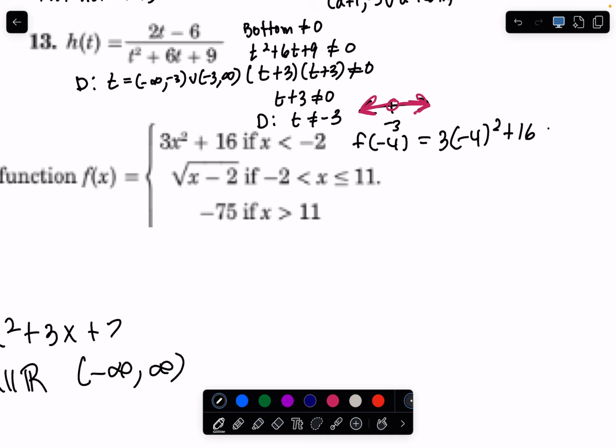If I plug in 11, I would use this middle piece because 11 is included in that. So that's just the square root of 11 minus 2, or the square root of 9, which is 3. Let's just add a little extra piece in here. Let's say I'm taking f of 20. Since 20 is bigger than 11, the answer, they just kind of did the math for you, is negative 75.